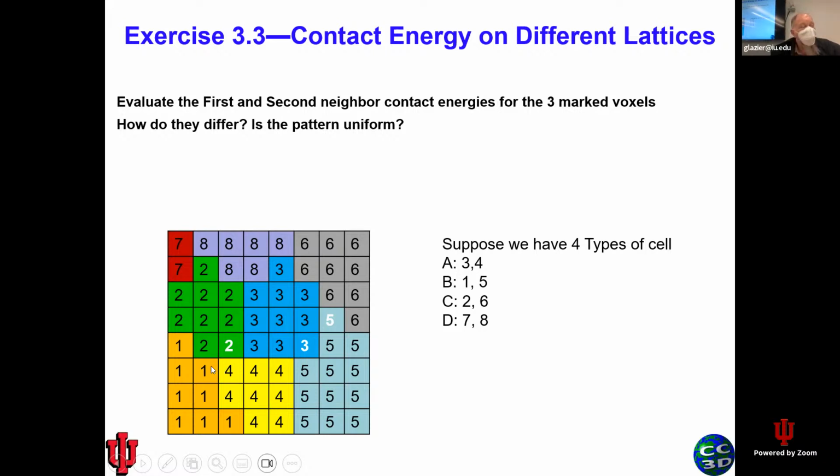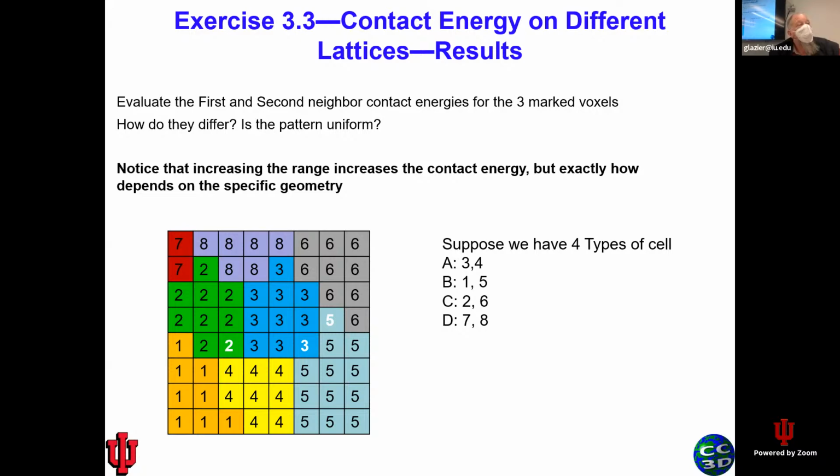So if it's a 1, I have to look up. I have a 2 next to a 1. A 1 is of type B, a 2 is of type C. So that gives me a JBC. And what about 2 and 4? That'd be a JAC. Yep, that's right. So again, when you do it the first time, it's a bit clunky, but if you do it a few times, you'll get used to it. Okay.